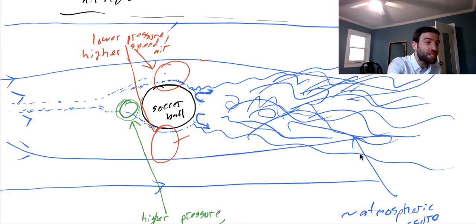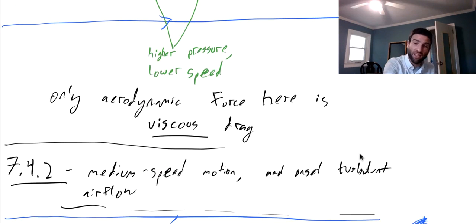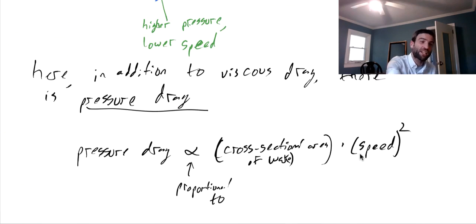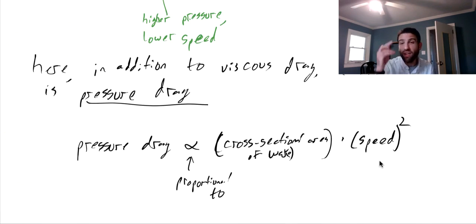Right? So viscous drag just depends on the velocity itself, velocity to the first power. Pressure drag depends on speed squared. Okay.